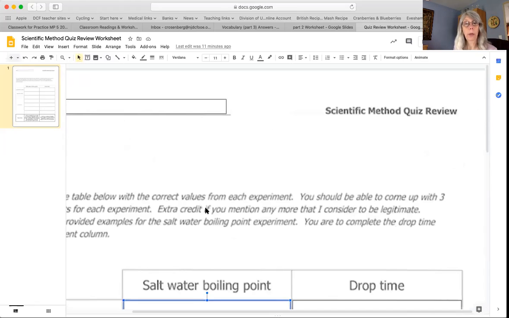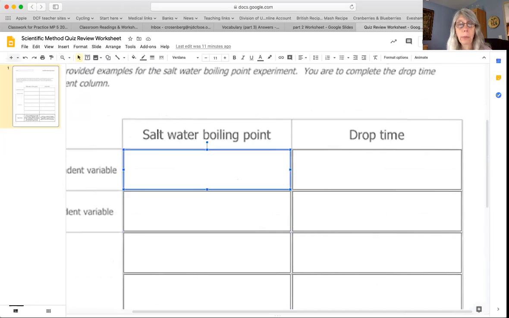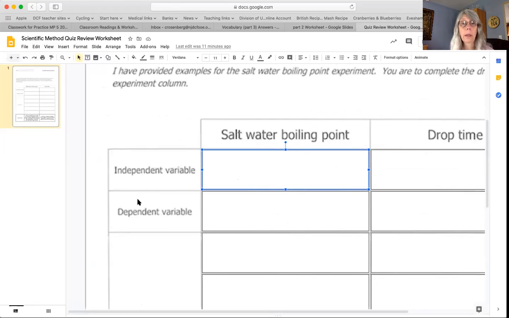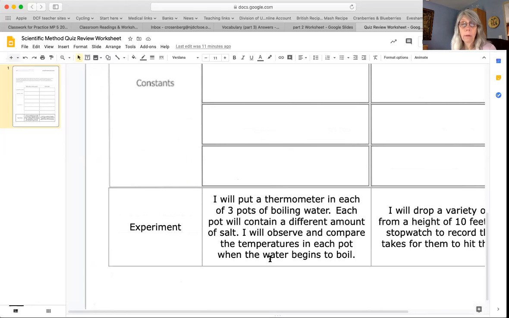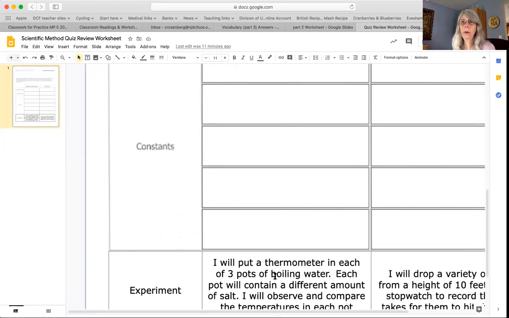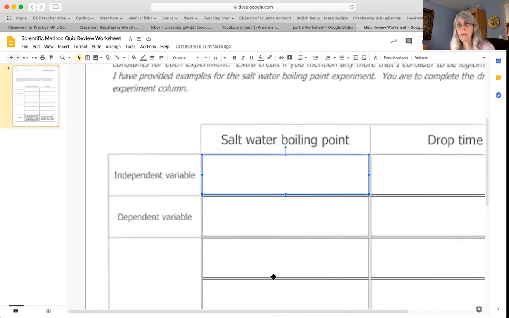Okay, so saltwater boiling point, the independent variable. What am I in control of? What am I changing? What do I think is going to make a difference to the boiling in this experiment? And it is: each pot will contain a different amount of salt. I'm determining how much salt I'm putting into each of these pots.